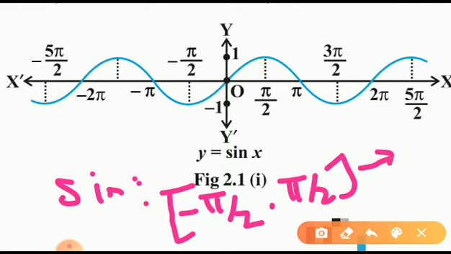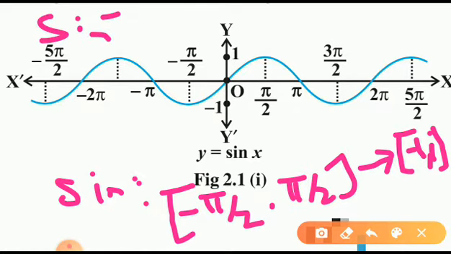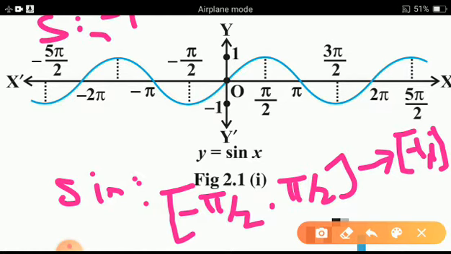Okay. Your range will be the closed interval minus 1 to 1 itself. Okay. So in this case, can I say that your inverse exists? It will be a bijective function. Yes, it will be a bijective function. Okay. So what will be my sine inverse from where to where?